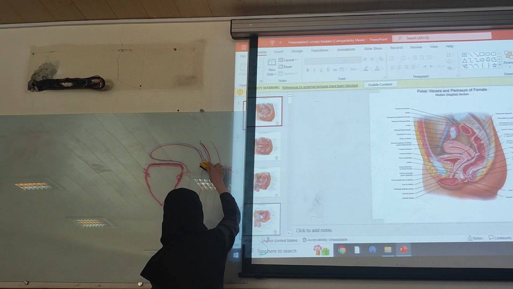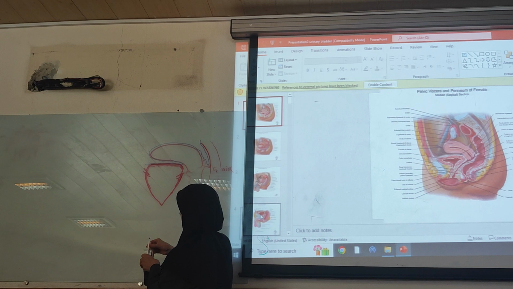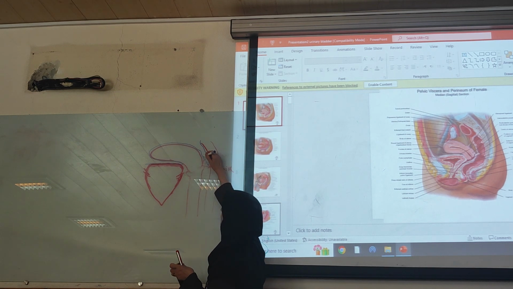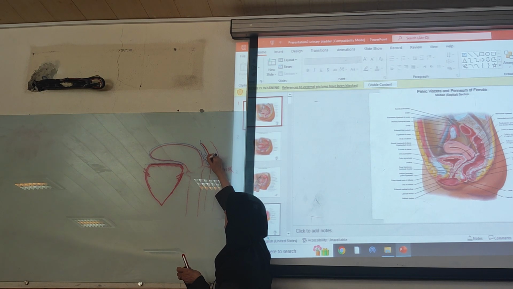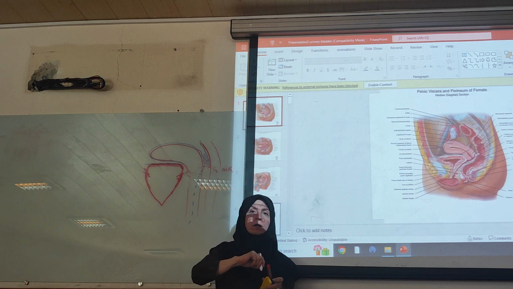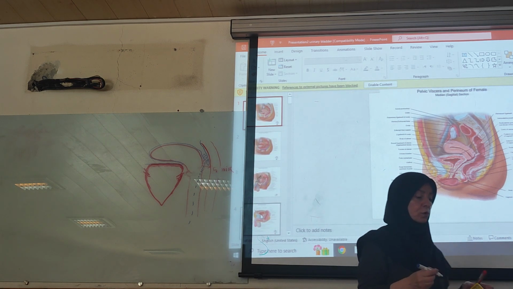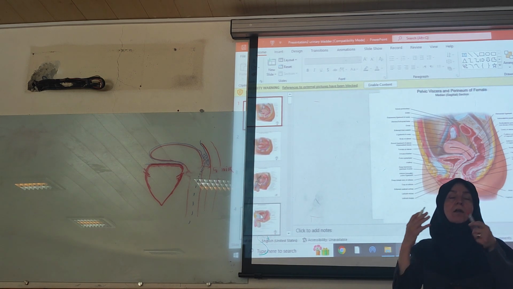In the female sex, you can penetrate here, and in pathological time, if you have accumulation of liquid, pus, or blood here, you can take all this through the vagina. Okay? So you don't need to do a very large surgery.